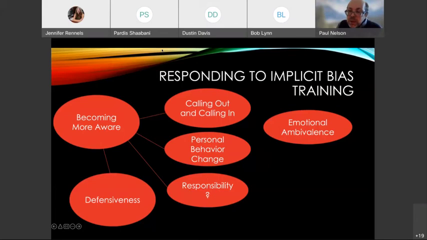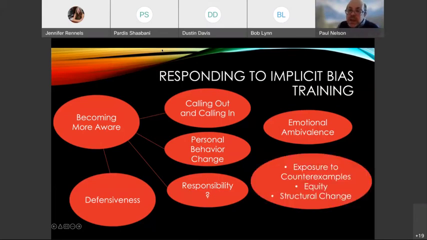The other thing I want to mention here is that a lot of the literature on implicit bias training suggests that it's not about personal change. It's not about changing other people one-on-one. What we really want to do to create an impact through implicit bias training is to engage this at a more structural level.